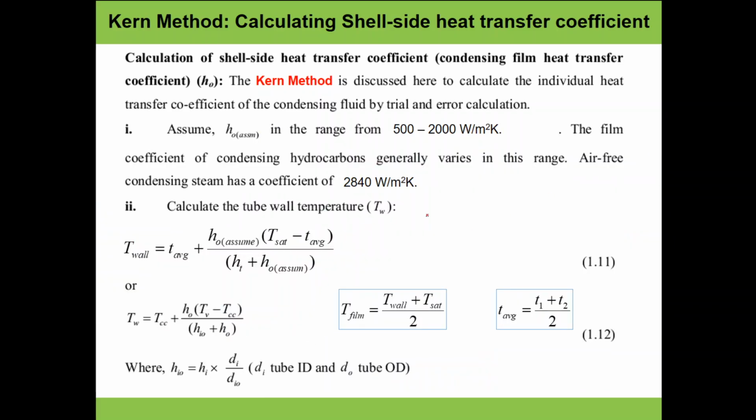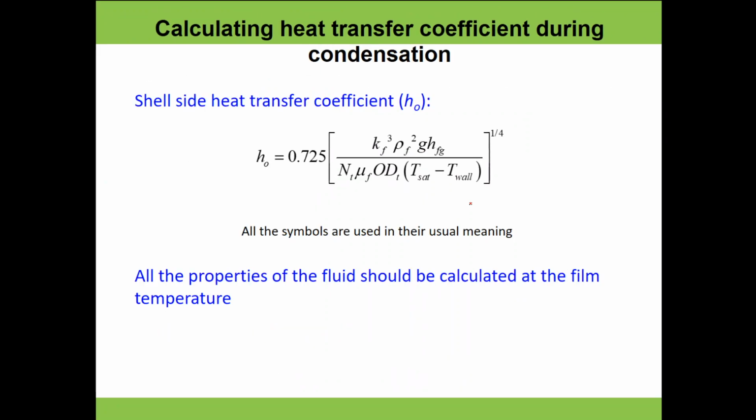We want to calculate the heat transfer coefficient, so let's have a look at the heat transfer coefficient for the steam side. For the condenser, the steam side heat transfer coefficient comes from this correlation. What parameters does it need?